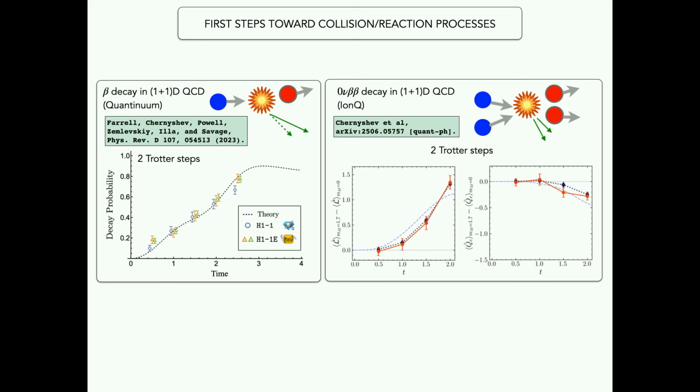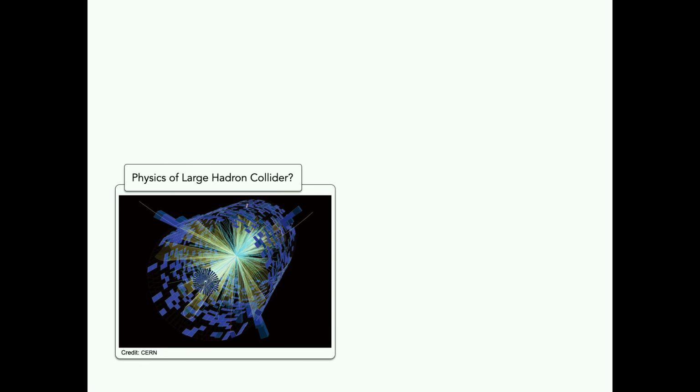So it takes a long time before we can do this properly in QCD, but this is really cool, that you can start to look at these processes also with the quantum hardware, look at this dynamical amplitude as a function of time for both the single beta decay and also this neutrinoless double beta decay. So people are doing all sorts of interesting things at the moment with the hardware.